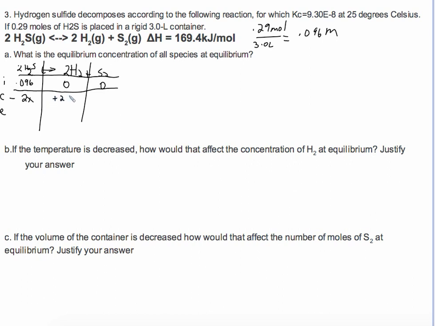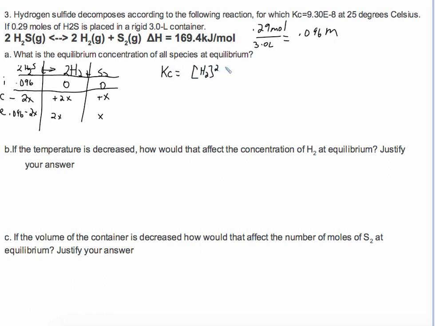Now, this is going to go down by 2x. This is going to go up by 2x. This is going to go up by x. And so at equilibrium, we're going to have 0.096 minus 2x, we're going to have 2x, and we're going to have x here. Okay, so find the equilibrium concentration.